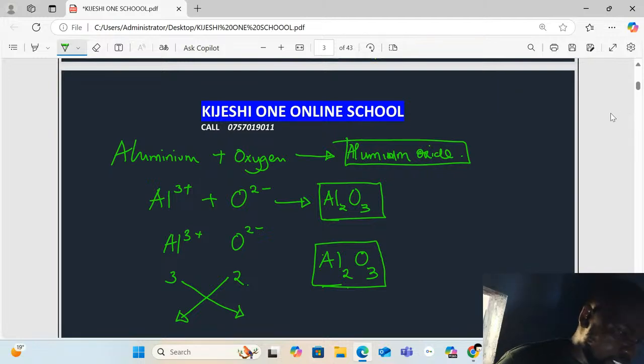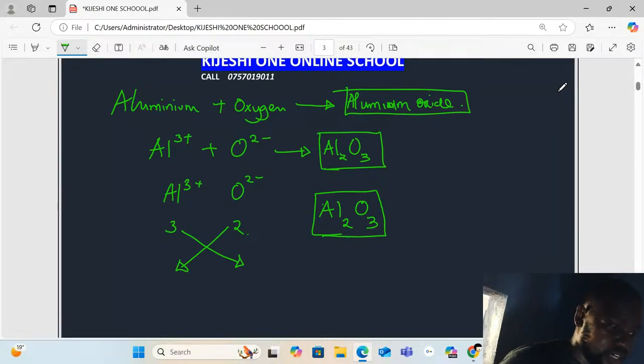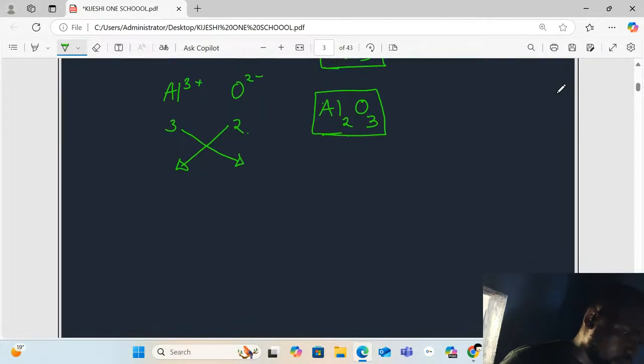Now if I proceed to the next one, we still have what we call radicals. We have radicals, a group of elements that react as a unit. Therefore, now let's look at the next format, where we'll have to write something like how do we get sodium carbonate?